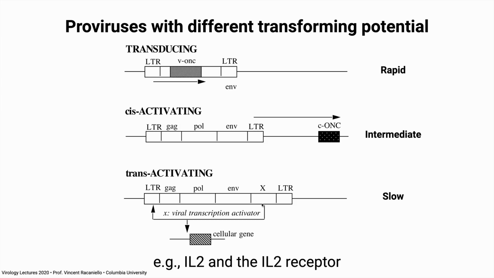Here it's called X, and X protein is needed to activate the LTR. And that transcriptional activator can also activate a cellular gene, which, when activated, causes transformation. One example would be IL-2. This can turn on IL-2, which will make T cells divide. This is a leukemia virus, and so that's explaining why those types of cells divide.